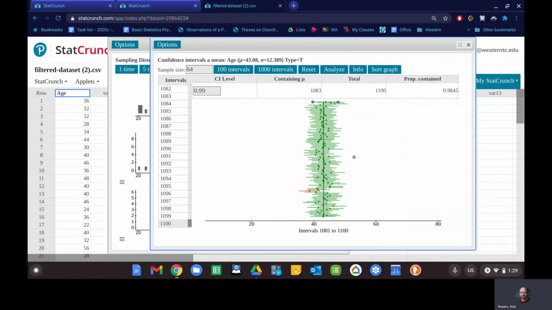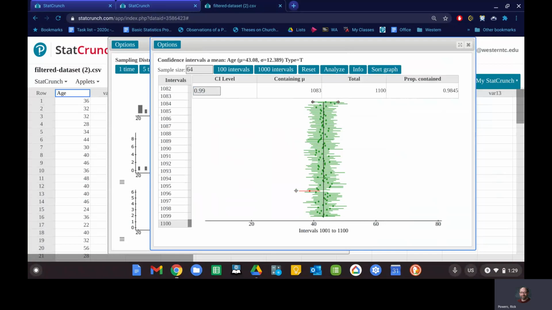So if I want to be more sure of my results, I will change my confidence interval to be more confident. But what that will do, if you notice, is these green lines are larger. Because if I have a larger green line, then I'm going to have more ability.